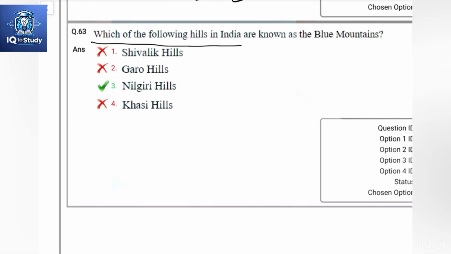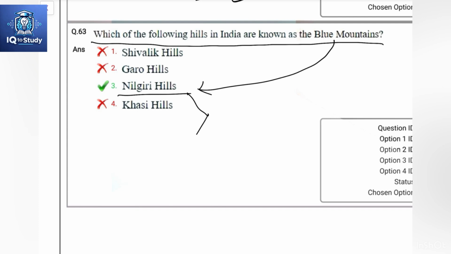Which of the following hills in India are known as Blue Mountains? Nilgiri Hills are known as Blue Mountains. And Nilgiri Hills is the tri-junction of Karnataka, Kerala, and Tamil Nadu.